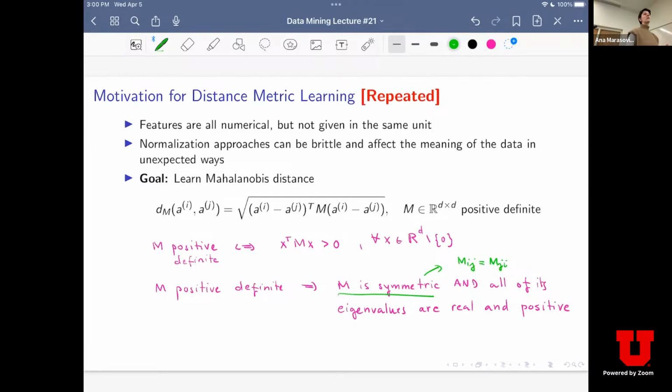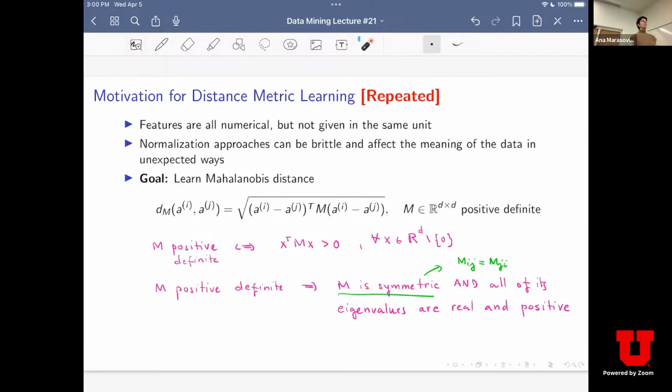And the alternative to not having real eigenvalues is that eigenvalues are complex numbers. And the alternative to them not being positive is that they are either negative or 0. If we have a semi-positive definite matrix, then instead of strict inequality, you can also include 0, and that's the only difference.